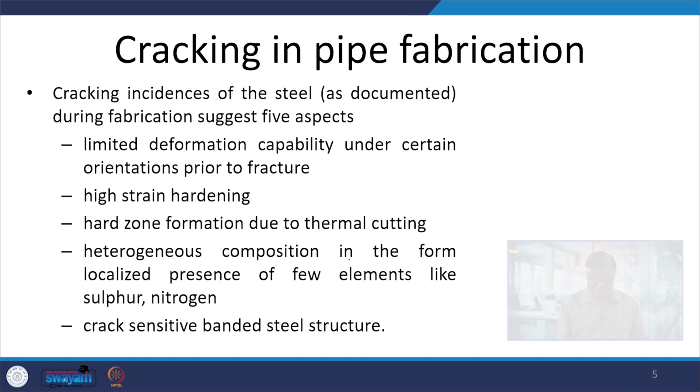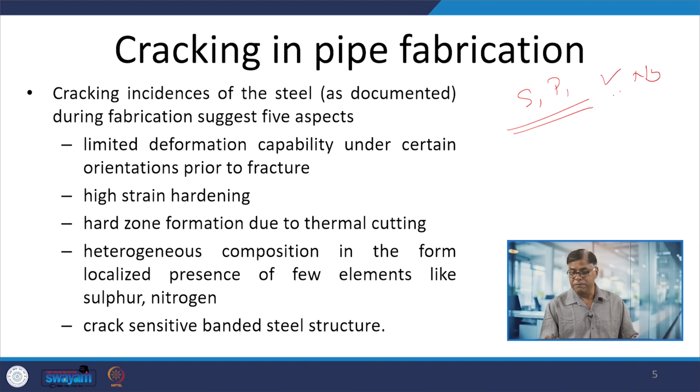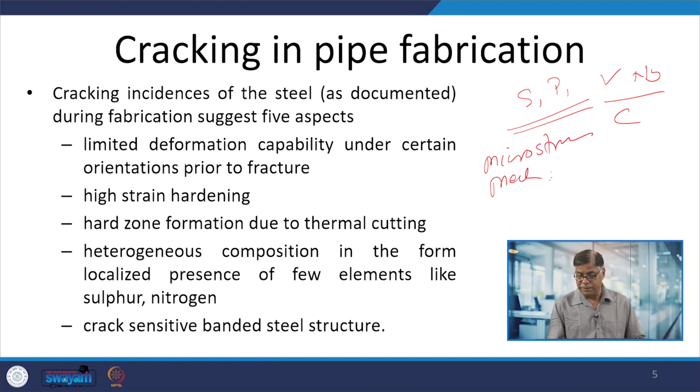Then the compositional heterogeneity in the steel. Obviously steels have a lot of impurities and traces like sulfur, phosphorus, and there can be other alloying elements which are segregated. So, vanadium, niobium, if these are not uniformly distributed, then their localized presence, even of carbon, will make the steel significantly different and heterogeneous in terms of the structure and the mechanical properties.